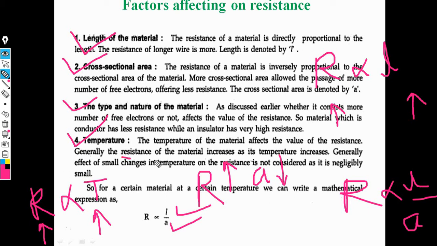When the temperature decreases, the resistance of the material also decreases. This is the phenomenon of temperature affecting resistance, because they are directly proportional. Okay, now this is the fourth parameter, temperature. These are the important factors affecting resistance.